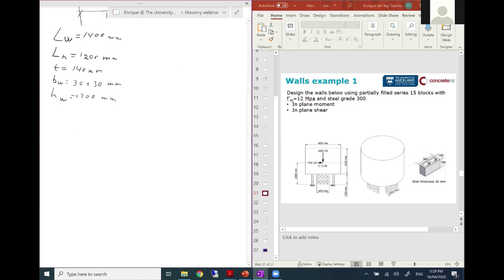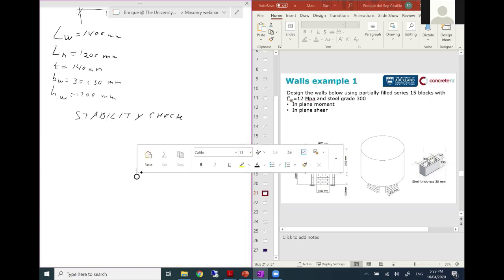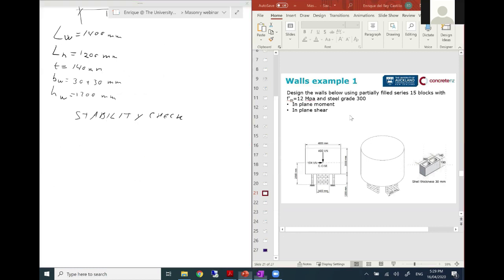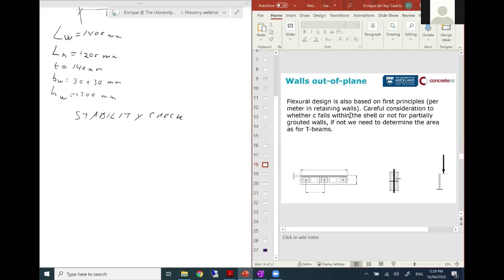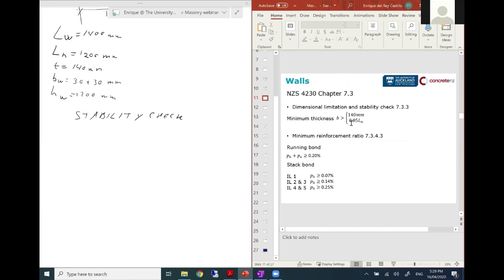So we start with the stability check. Basically, I'm going to go back here so we can follow the slides here.